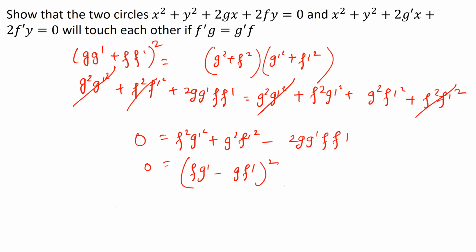Then if I take a square root on both the sides, I get f g dash minus g f dash is equal to 0. Then transposing, I get f g dash is equal to g f dash, and we have proved the result. So it was a big lengthy problem with a cute little answer.